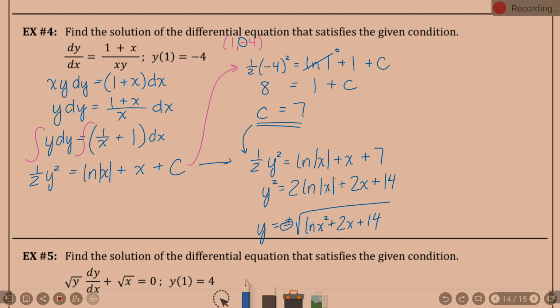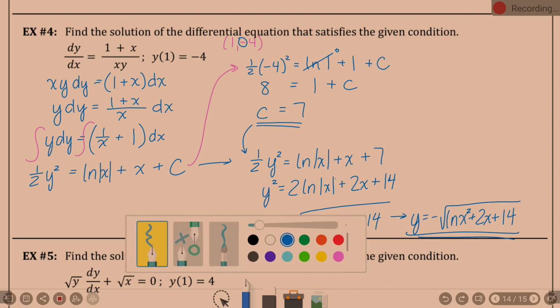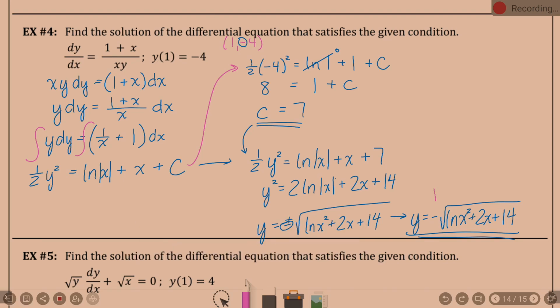It equals a -4. So because our point was 1, -4, this is only the negative square root of natural log of x squared plus 2x plus 14. So only negative because of 1, -4. And that right there.